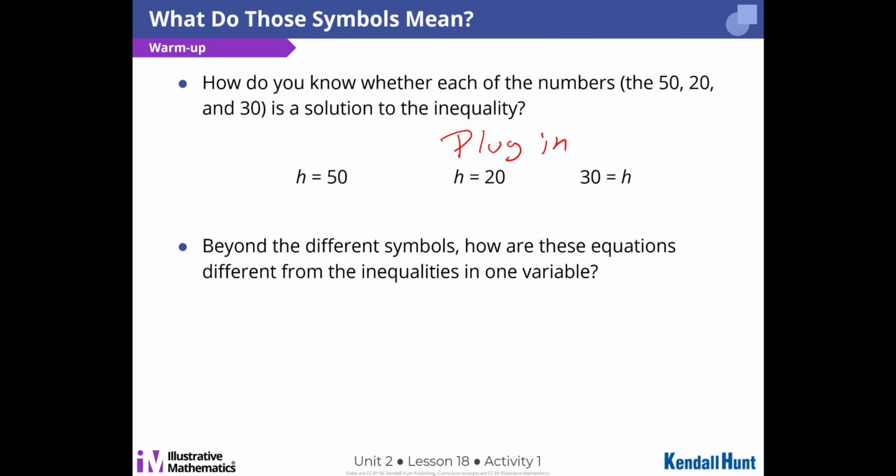These are equations using an equal sign, whereas inequalities use greater than or less than signs.